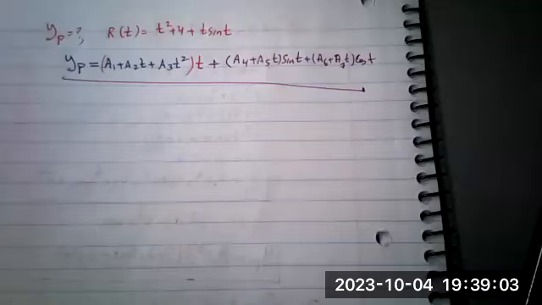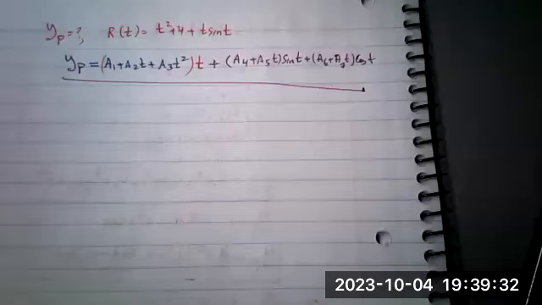Not when you write it down, you go back and check. In the YC there was a constant, but this is not the constant term, it's multiplied by sine and cosine. That's it. Okay, any question? So when you write it down, double check it, and make sure that everything is right.